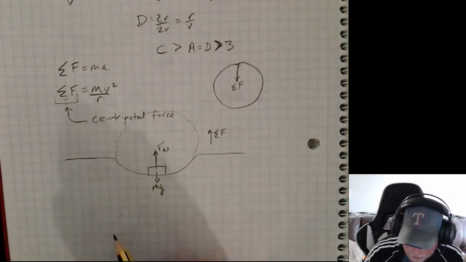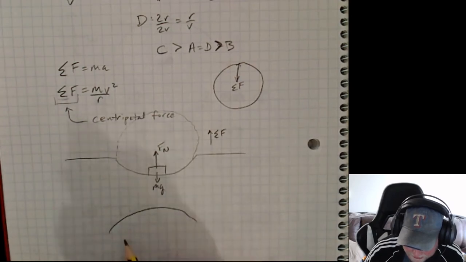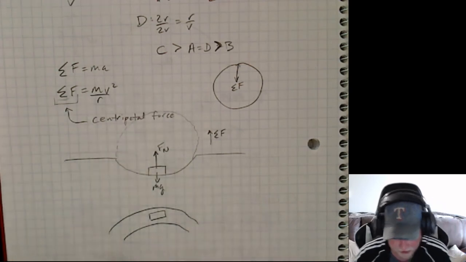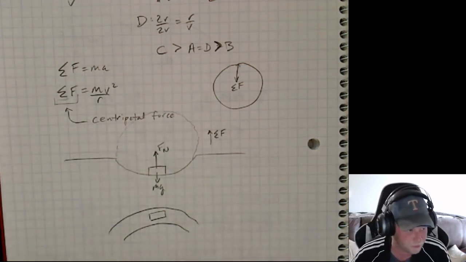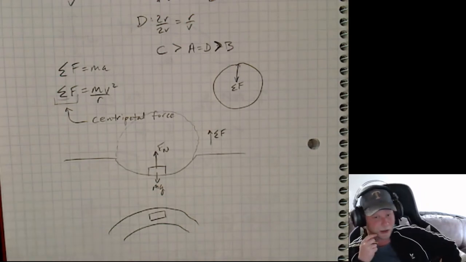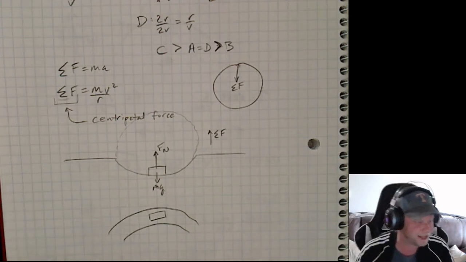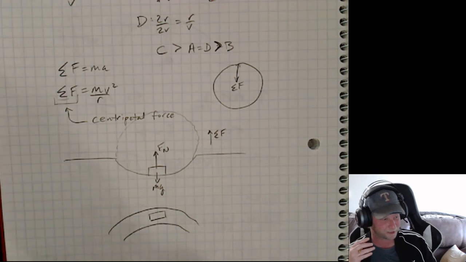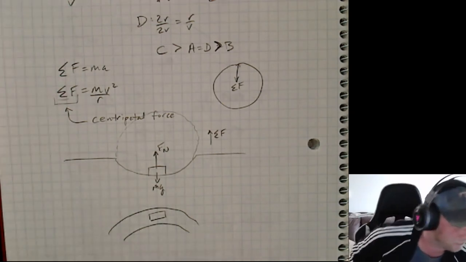Alright, so in this case, let's say this is the road we're looking at, and this is a top view, and you've got your car. What force is allowing that car to make that turn, to experience that centripetal acceleration? Keep in mind, if something experiences an acceleration, there needs to be some net force.